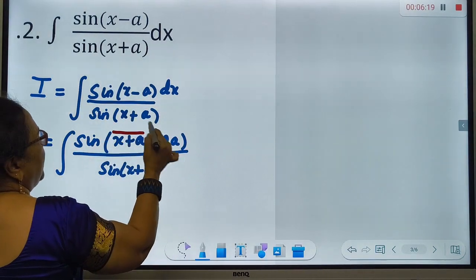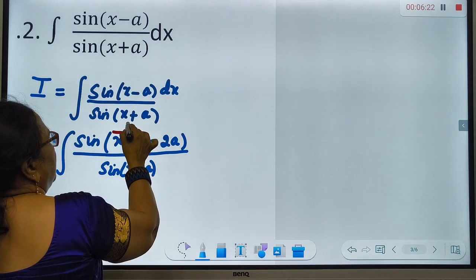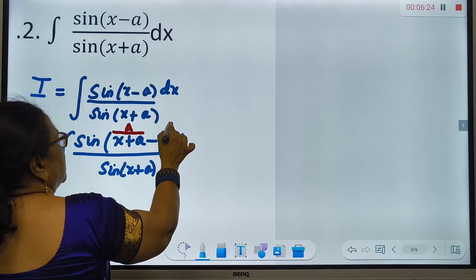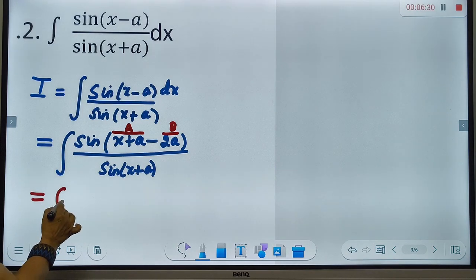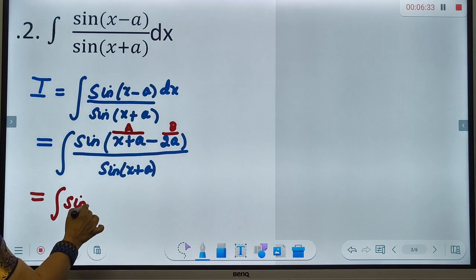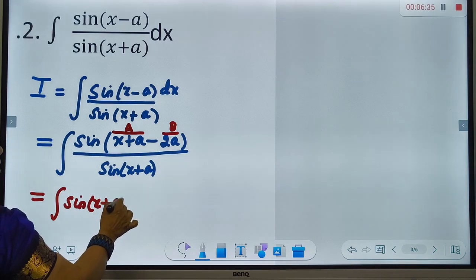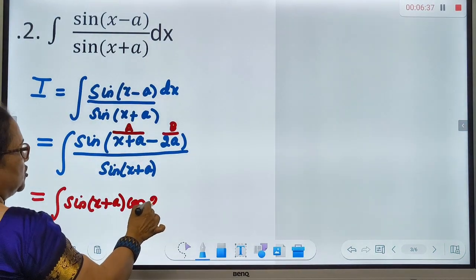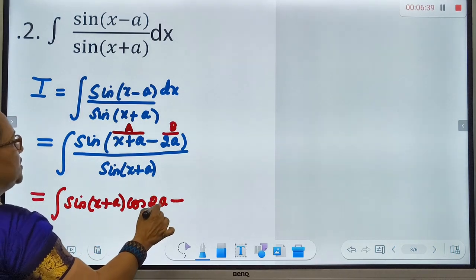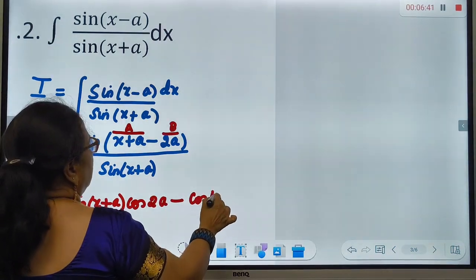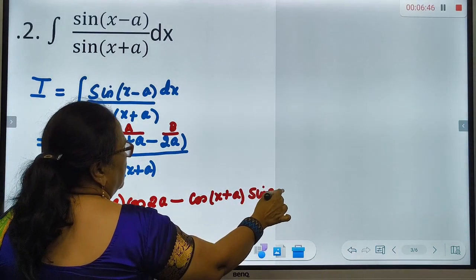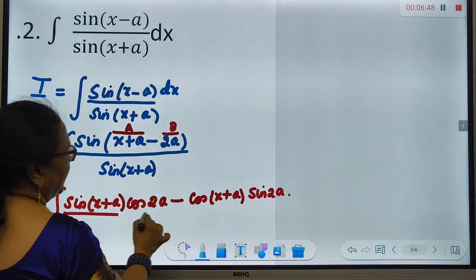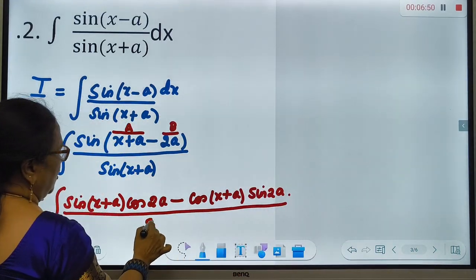Now treat x plus a as a, and 2a as b. So it is of the form sine of a minus b, which is integral of sine of x plus a cos 2a, minus cos of x plus a into sine 2a, divided by sine of x plus a.